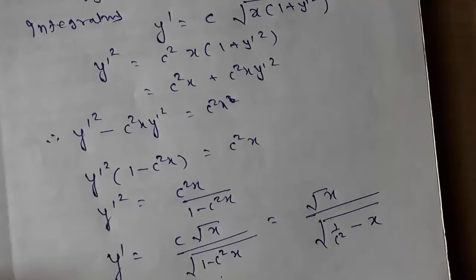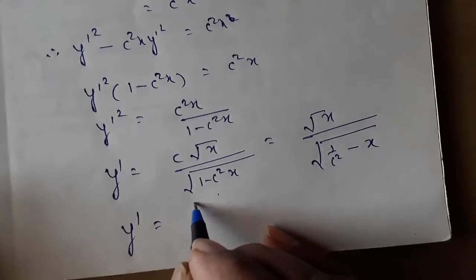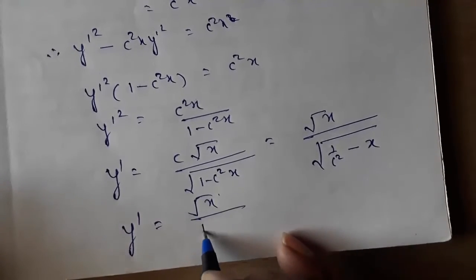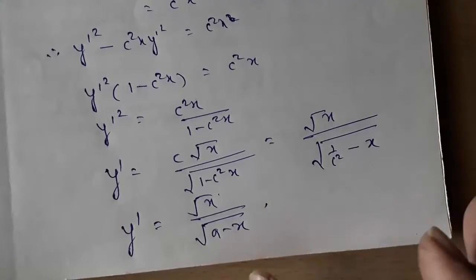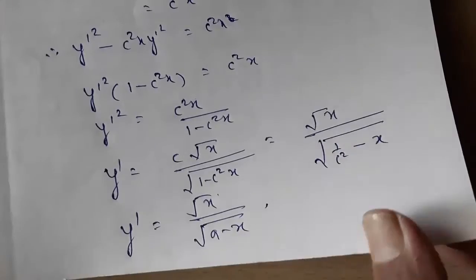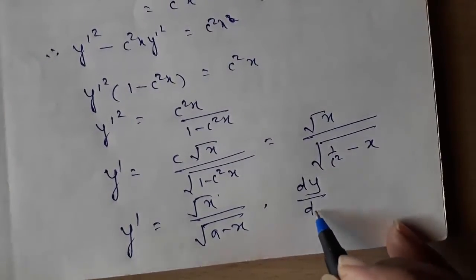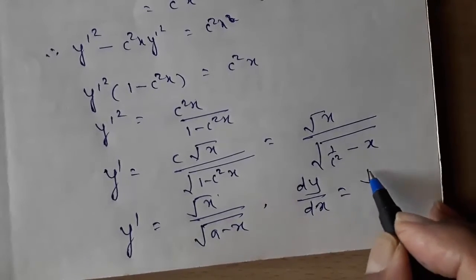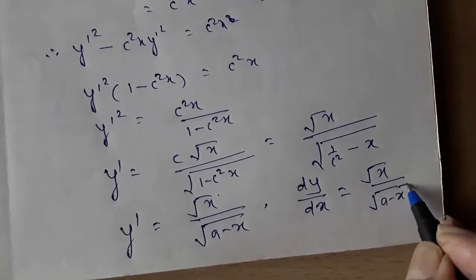If we put 1 by c square equal to a constant a, we get y dash equal to root of x divided by root of a minus x. And y dash is nothing but dy by dx, so dy by dx equal to root of x divided by root of a minus x.